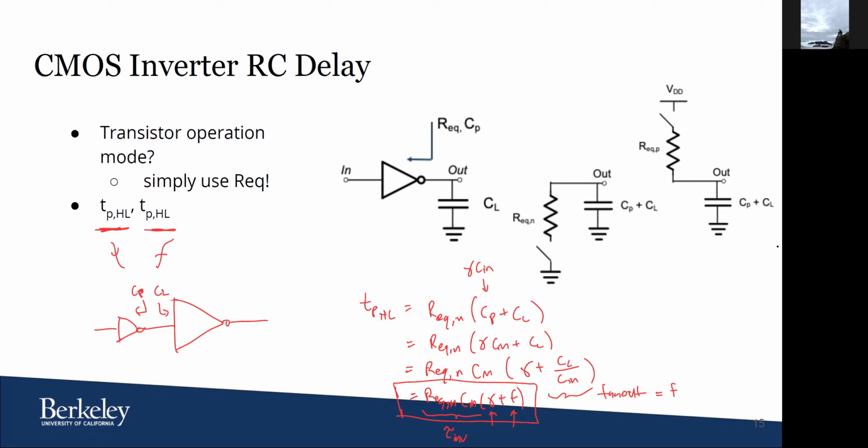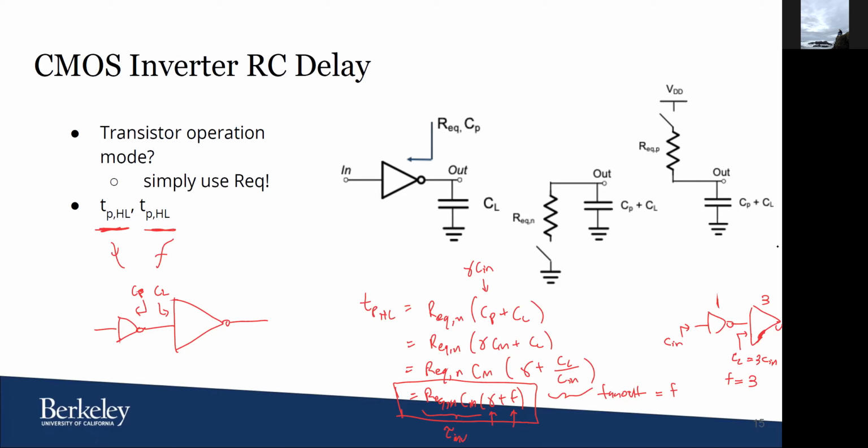Which means if you have C_in of a unit sized inverter, driving something bigger, looking into here, which is CL, let's say this was of size 3. Then this inverter would have CL equal to 3 C_in, and so the fan out is equal to 3 in this case.